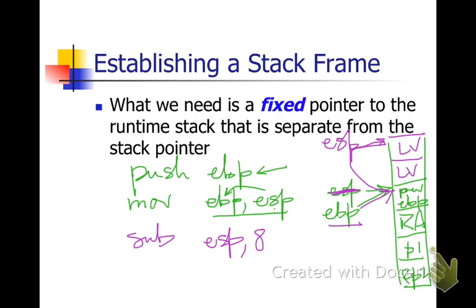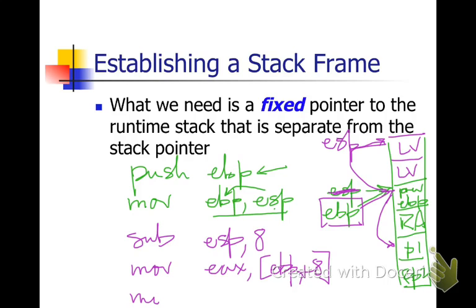And now when I say I want to move, and let's move it to EAX, I'm going to use the base pointer, not the stack pointer, to access my parameters on the stack. So from the base pointer, I am 8 bytes away from my first parameter, and so on. I'll be 12 bytes away from the second one. Okay? All right.